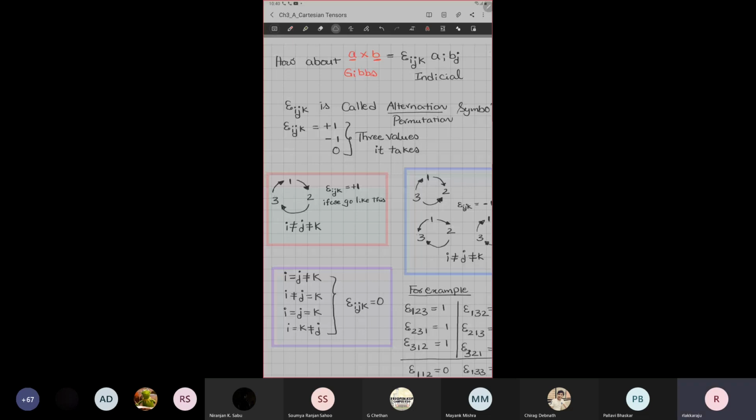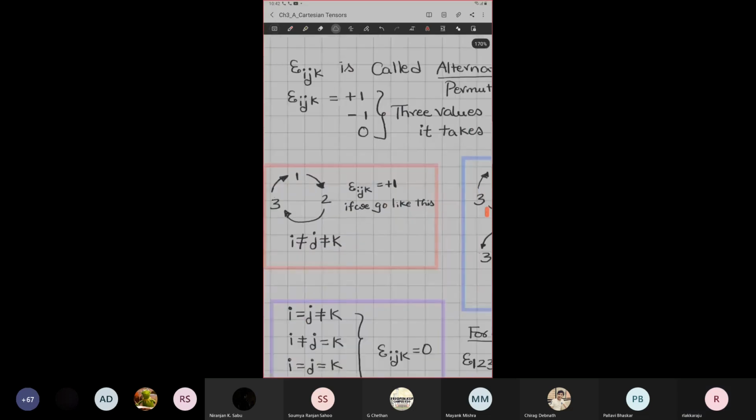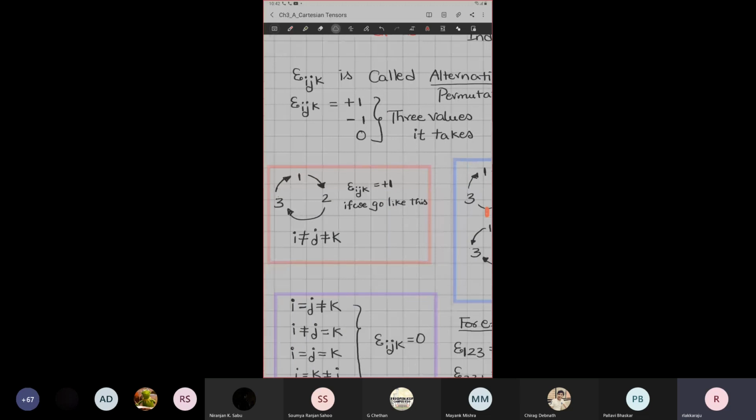These three values we have to decide, +1, -1, 0, depending on how the i, j, k values are oriented. First thing, the i, j, k values always range from 1, 2, and 3. I'm just showing something like a cyclic notation.